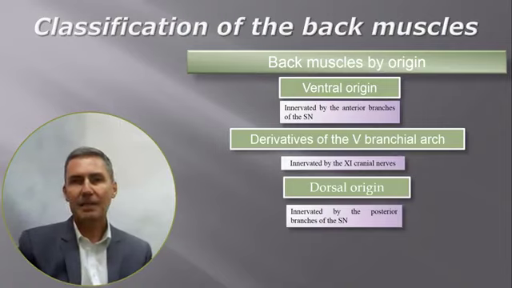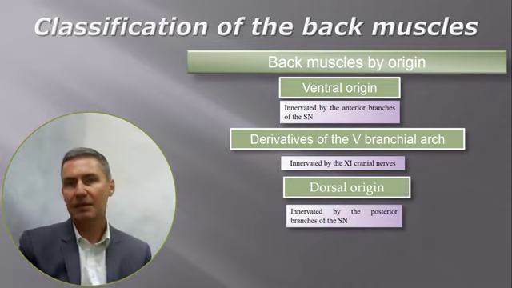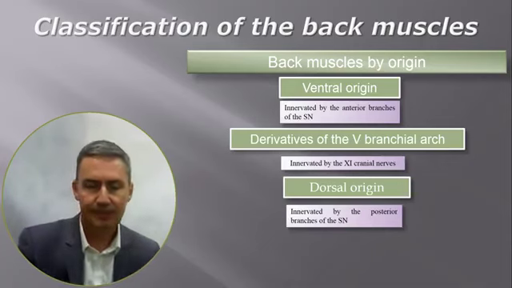Especially the trapezius muscle is included in this group. And muscles of dorsal origin, the proper muscles or deep muscles or orthocutaneous muscles of the back, are supplied by the posterior branches of the spinal nerves.